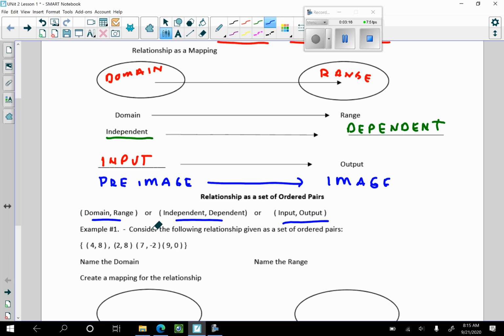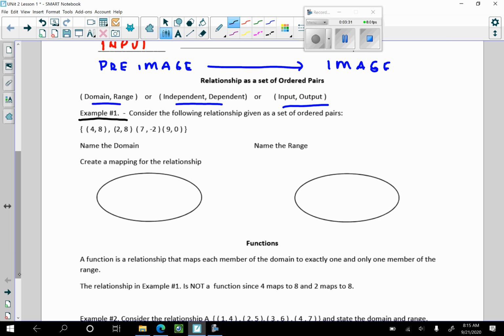So example 1, we're going to look at the following relationship. Consider the following relationship given as a set of ordered pairs. We're going to name the domain, name the range, and create a mapping for this particular relationship. The domain is going to be the first coordinate of the ordered pair.